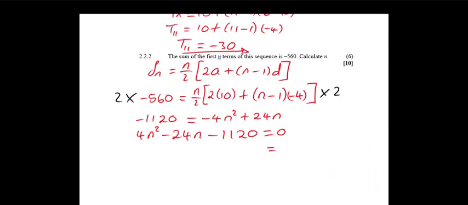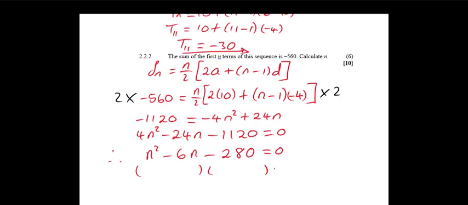Firstly, I can divide everything by 4. So I will have n squared, then minus 6n, then 1120 divided by 4 is 280, and the negative sign stays as it is. 0 divided by 4 is 0.